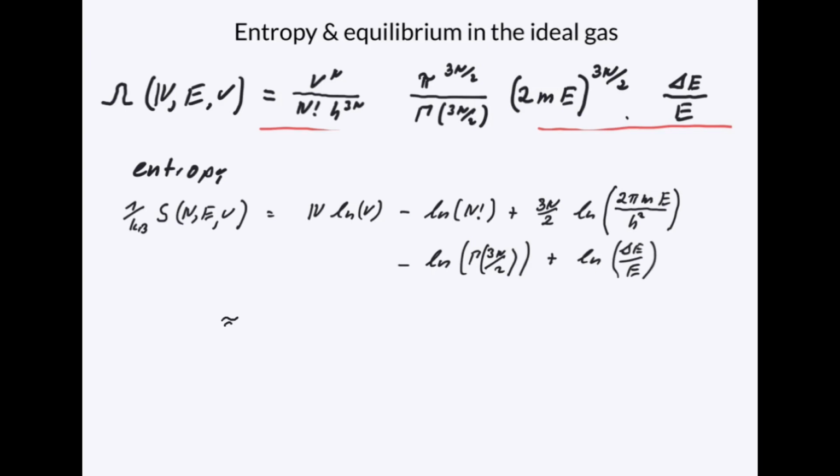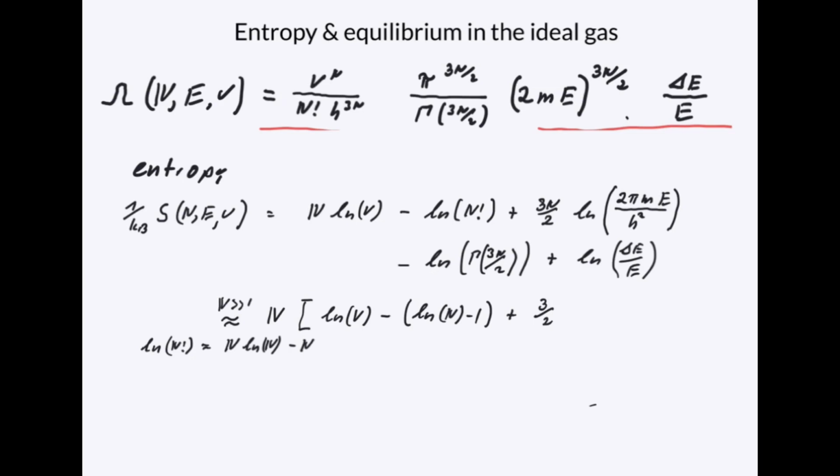What we now have to consider is that N is very large. So we will use Stirling's approximation, meaning that the log of N factorial is equal to N times log of N minus N, and the log of the gamma function is equal to the factorial of the argument. Using those approximations, we obtain a simplified equation where N is a prefactor and we have terms of the logarithms.